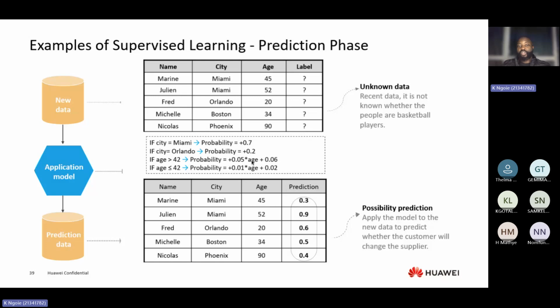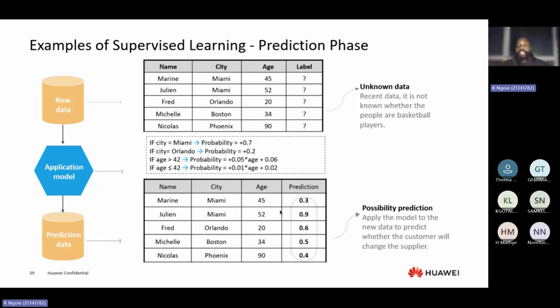The application is going to give us certain probabilities, for example of whether the first one, Marine, is a basketball player. It gives us only 0.3, which means 30%. This one, 0.9, means 90%.